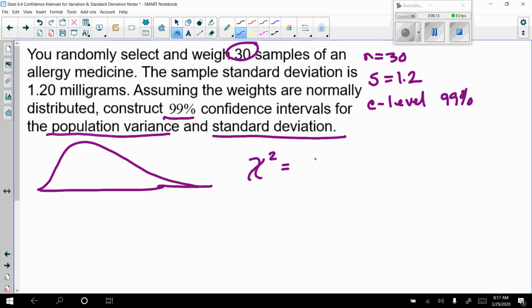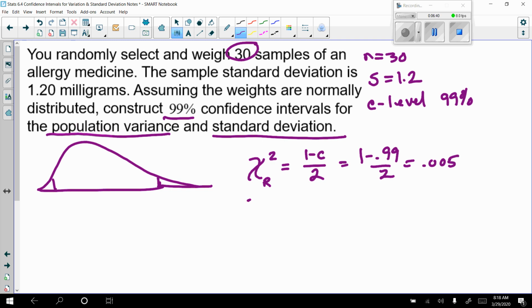Well, we got to find the right tail and the left tail one. So if I'm going to go find that right one, it's going to be 1 minus C over 2, or 1 minus 0.99 over 2, which gives me 0.005.